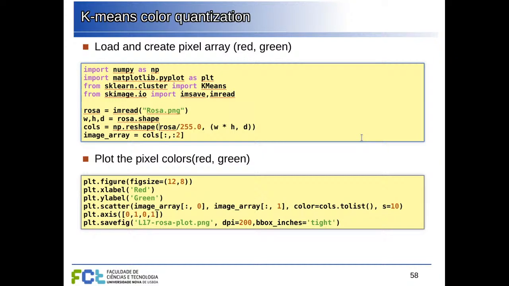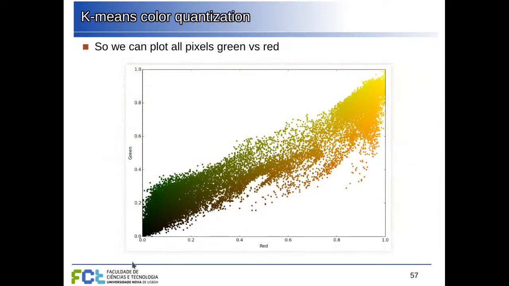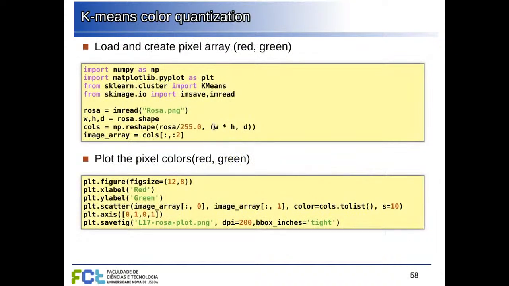So it has values from 0 to 255 in integer, but we're going to convert it into 0 and 1 so that we can plot the chart like this. And we're going to reshape this to get a matrix that has as many rows as the number of pixels, so the width times the height of the image, and as many columns as the color depth. So it's going to have 3 columns, red, green, and blue.